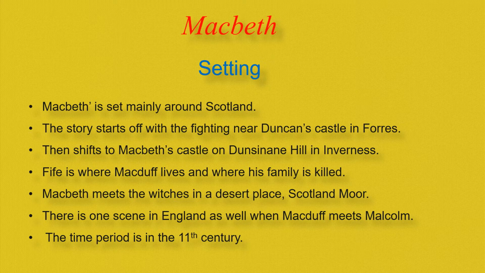Malcolm leaves in fear of getting the blame from Macbeth as the murderer of his own father. To avoid that, he left Scotland for England, and Macbeth follows him. And this time period is in the 11th century.